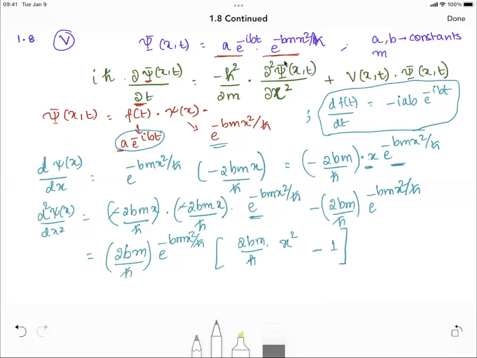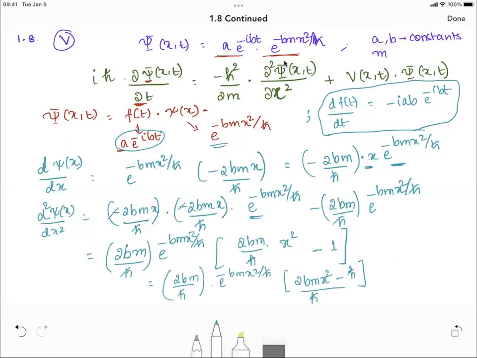Maybe I can simplify this a little bit. I'm just going to do 2bn by h bar times e to the negative bn x squared by h bar times 2bn x squared minus h bar divided by h bar.